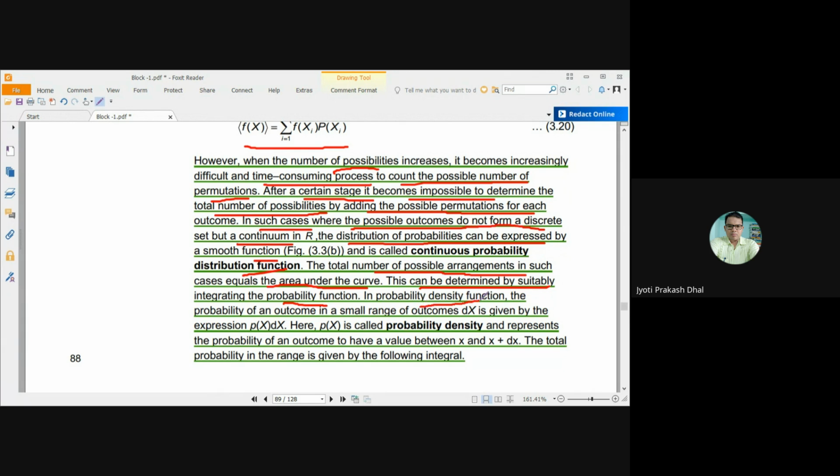For the probability density function, the probability of an outcome for a small range of outcomes dx is given by the expression p(x) dx. Here p(x) is the probability density and represents the probability of an outcome to have values between x and x plus dx.